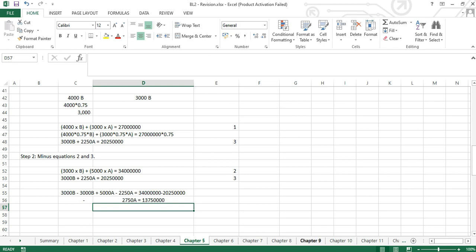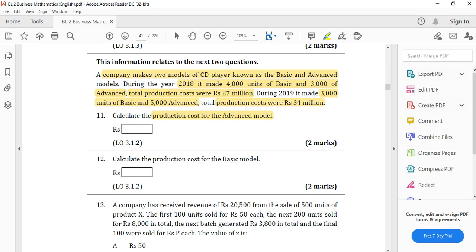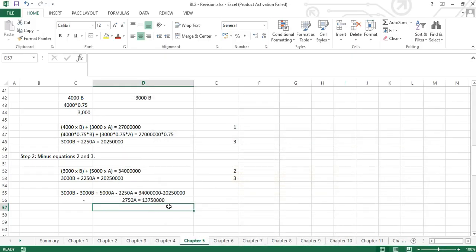So A will be equal to 13,750,000 divided by 2750. It is equal to 5,000.